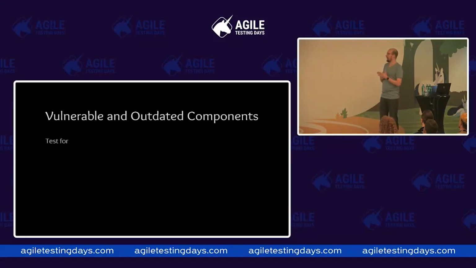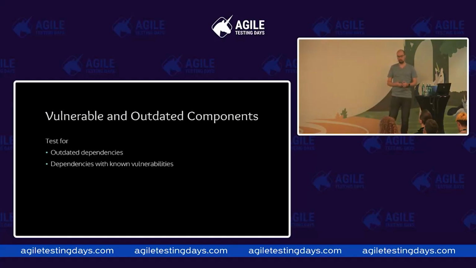It's a big problem. But there's a thing we can actually test for here. That does not go through everything, because that's unreasonable. What we can do is check for outdated dependencies. There are plenty of tools to help with this, thankfully. We can also check for the dependencies with known vulnerabilities. I only talked about dependencies you ship, but this also works for infrastructure.